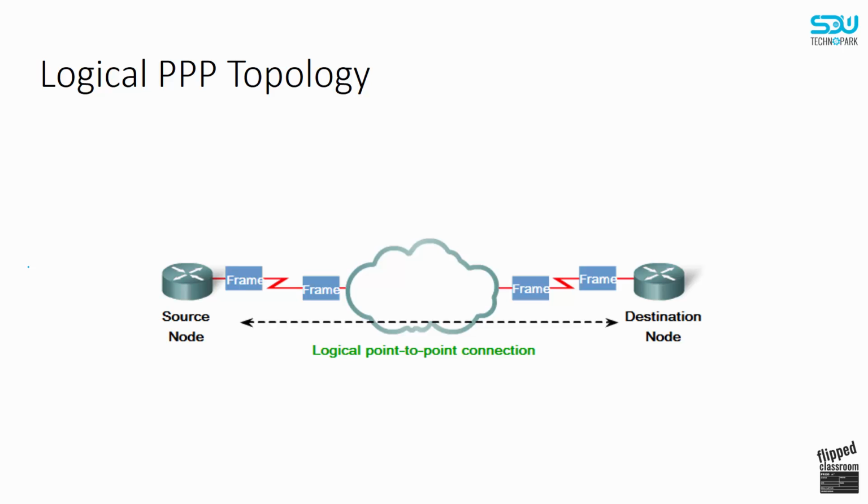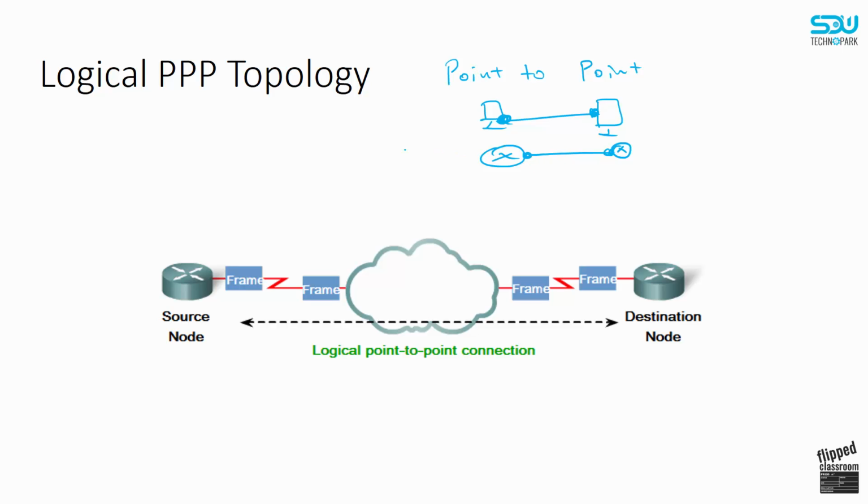So let's take a look at an example of the PPP topology. PPP is point-to-point connectivity, for example connecting one computer to another one, or one router to another router, like one point connected to another point.